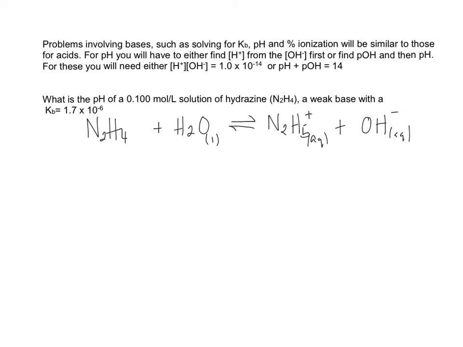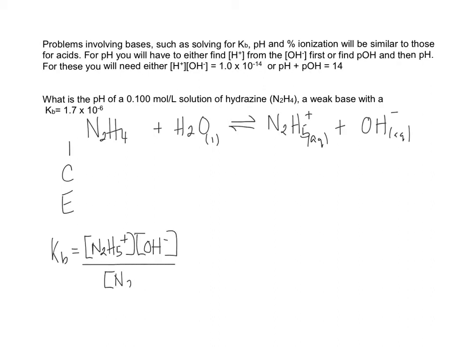So to do this question, we have to set up our Kb expression and an ice table. So the Kb will be the concentration of our conjugate acid times the concentration of the hydroxide ion all over the concentration of our base.